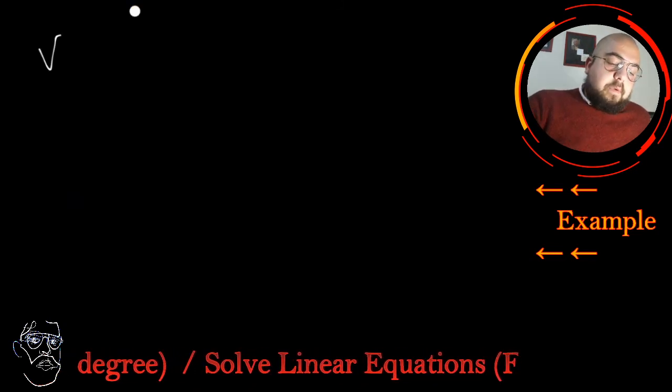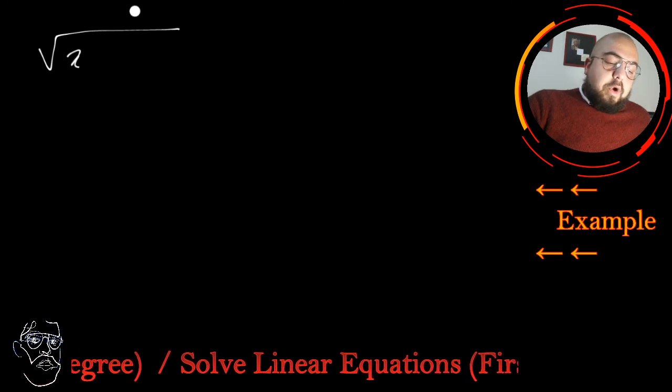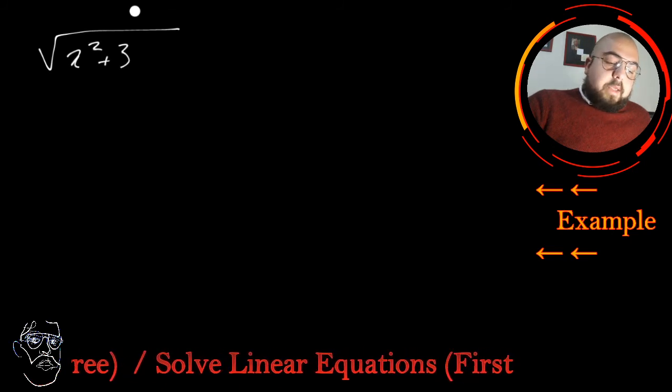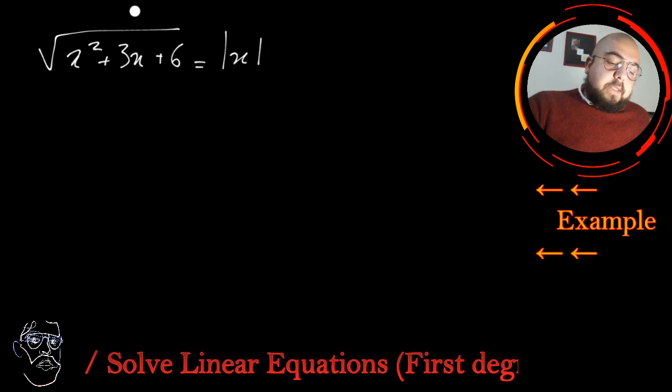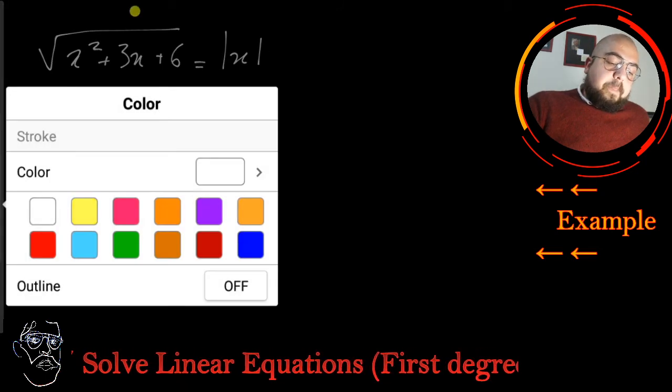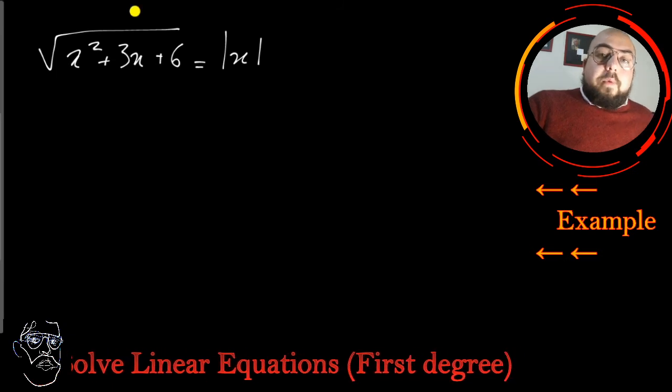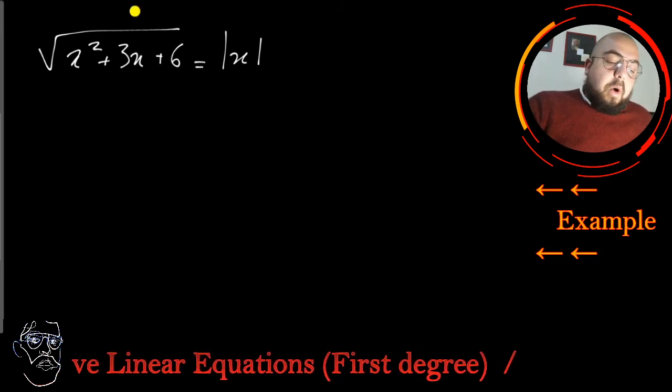You will have, again, a square root of x squared plus 3x plus 6 is equal to the absolute value of x. One more time, I need to take the whole radical and take it to the power of 2.